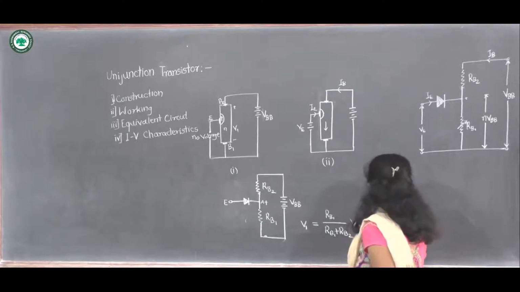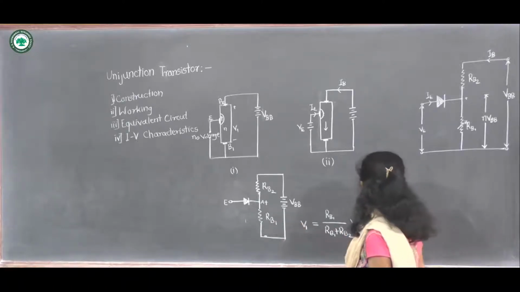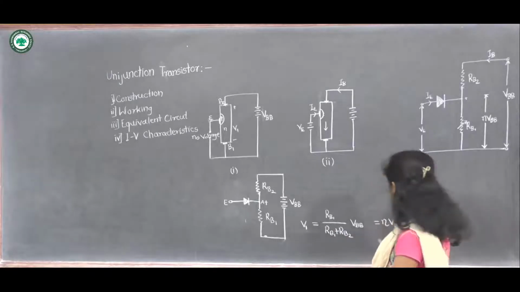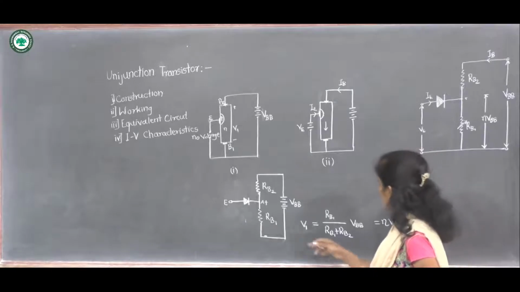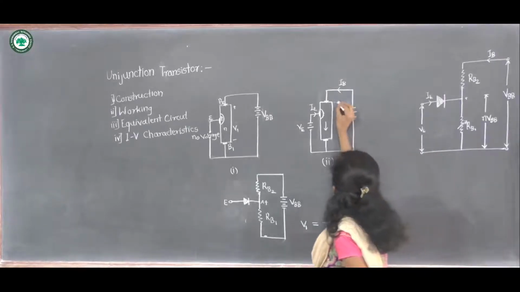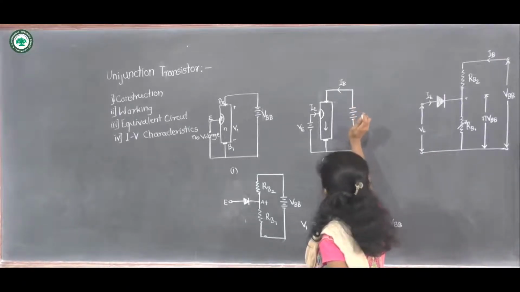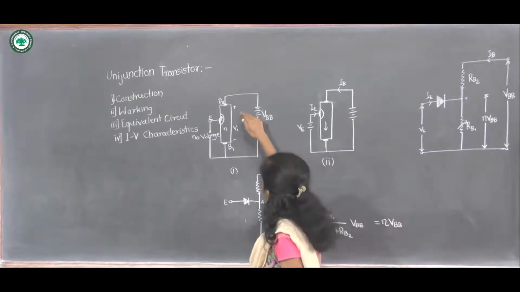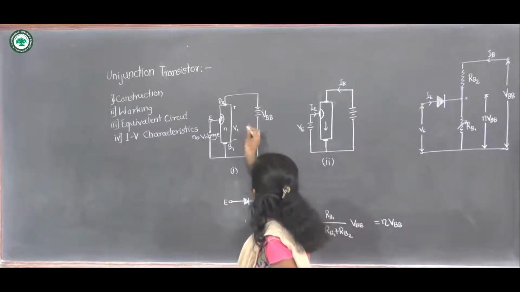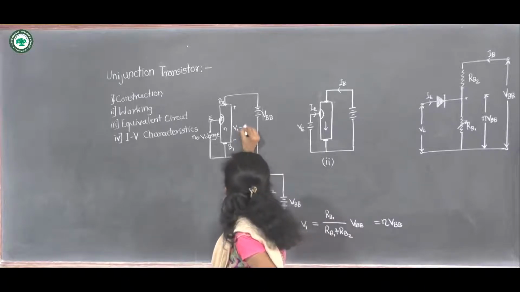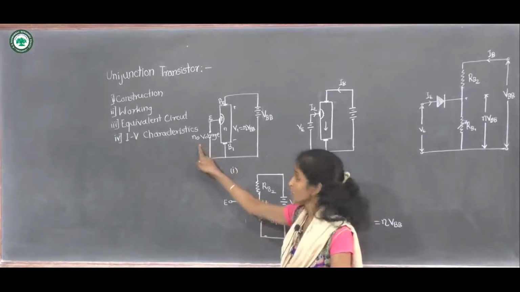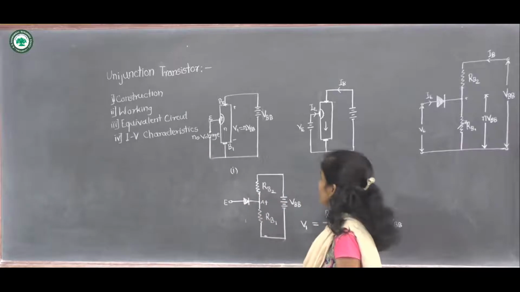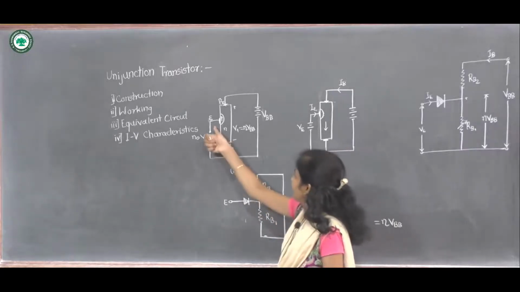So the potential drop across this RB1 is given by the factor eta VBB. So this potential across this is V1, which is given as eta VBB. So this is the first case, when no voltage is applied to the emitter terminal.